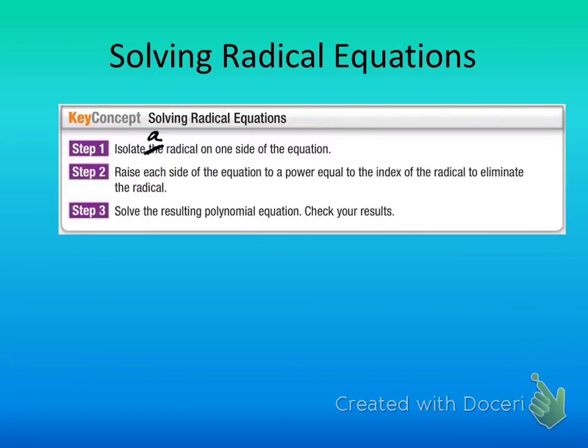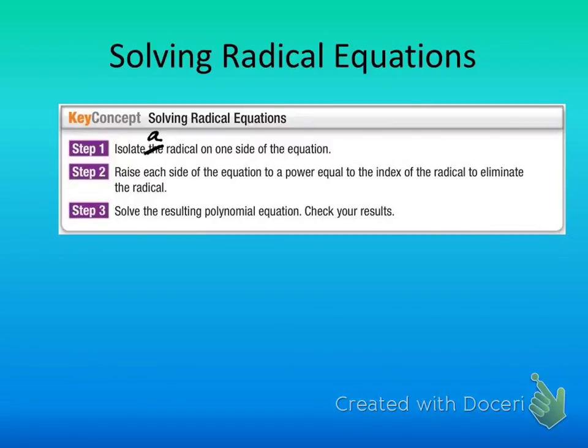Step 2. Raise each side of the equation to a power equal to the index of the radical to eliminate the radical.